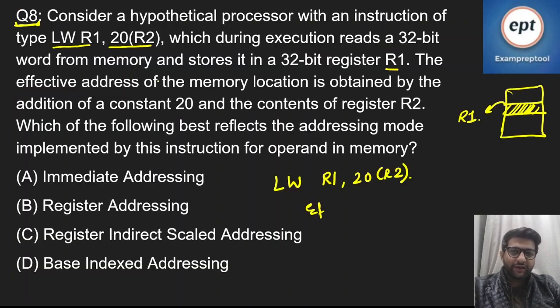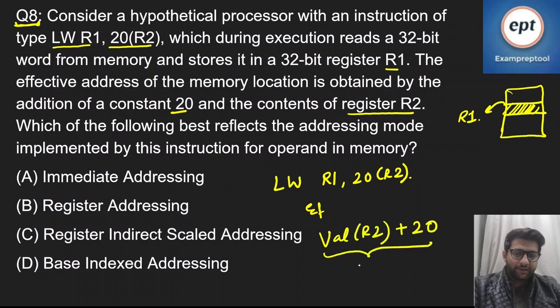So it is saying that the effective address of the memory location is obtained by addition of a constant 20 to the contents of register R2. So the value stored at R2 plus 20 gives you the effective address.